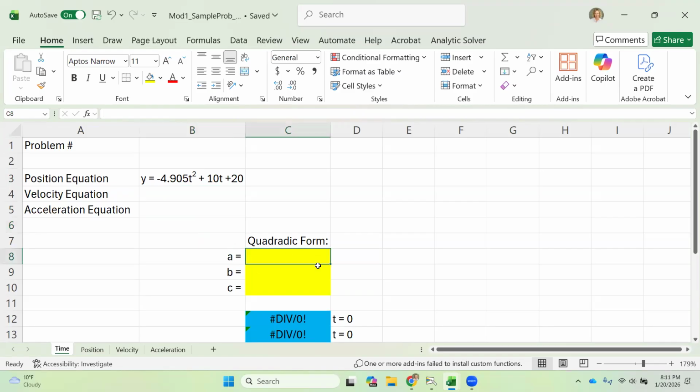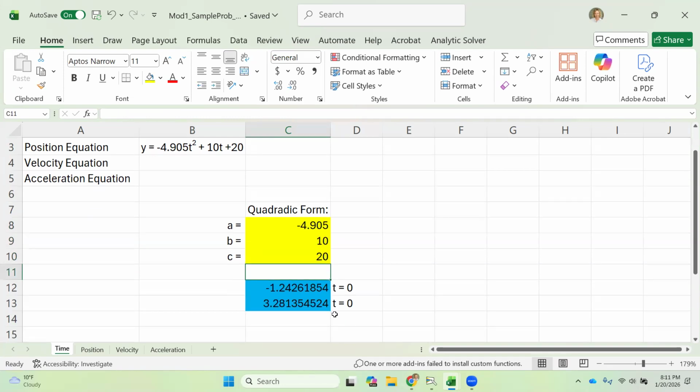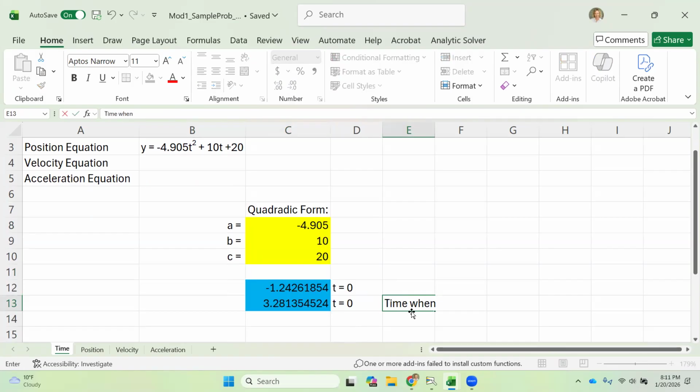So now we just want to put in the variables for the A, B, and the C. So our variable for A is going to be negative 4.905. Our variable for B is going to be 10, and our variable for C is going to be 20. You should get negative 1.24 as one of them and 3.28 as the other. The 3.28 is going to be the time when the ball hits the ground.